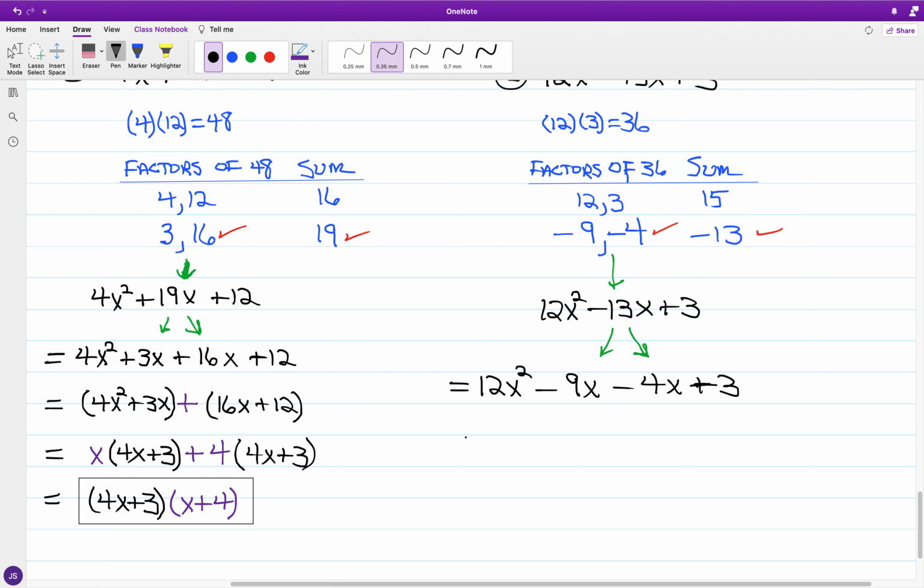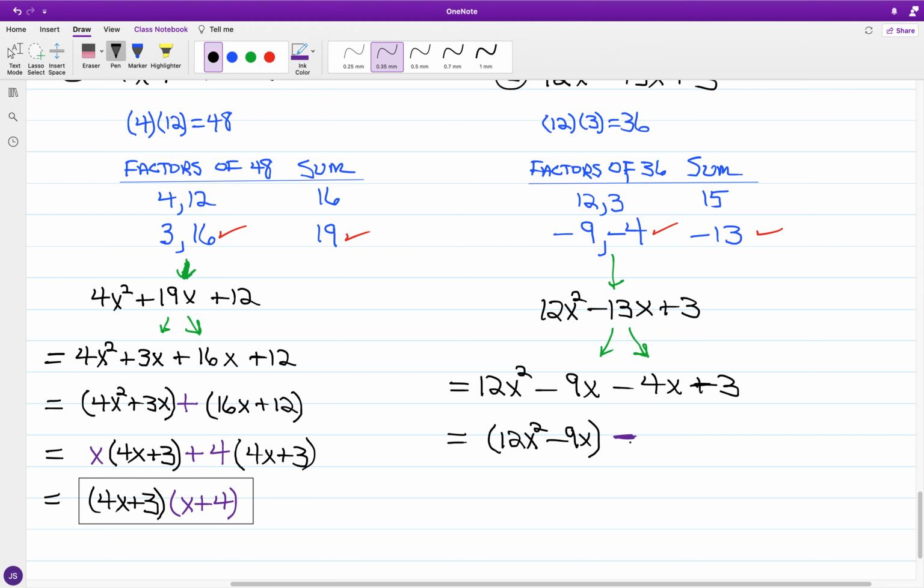And looking at grouping, for the first two terms, we have 12x squared minus 9x, and again, we had to be careful where the middle operation is subtraction.